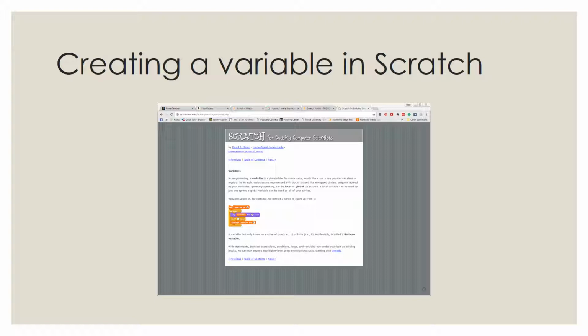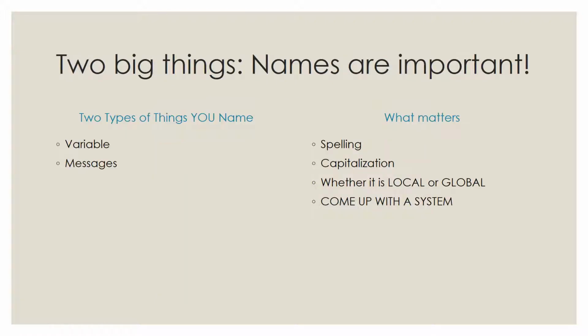And when you create that variable, it can vary, it can change, and this is how you create your counters and your points. There are some videos about how to make variables in Scratch. So if you didn't get that, it's time for a little JIT, just-in-time learning, to try to help you with that. So here's some things that are important.